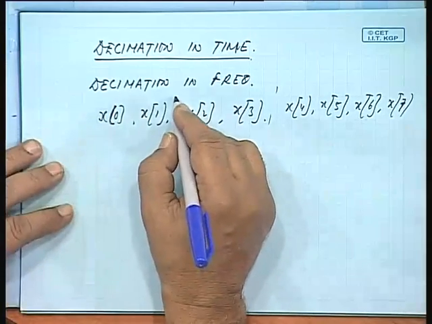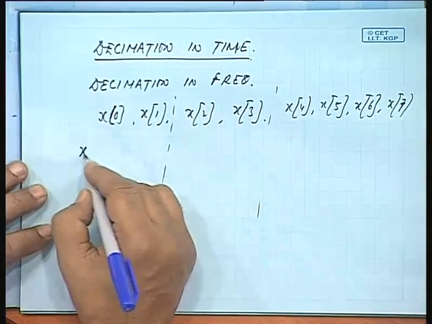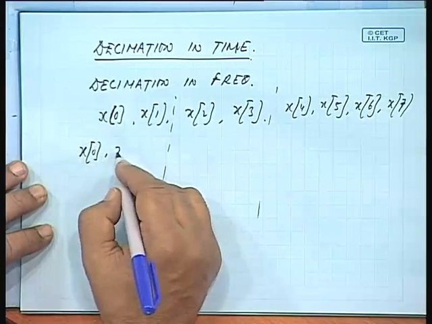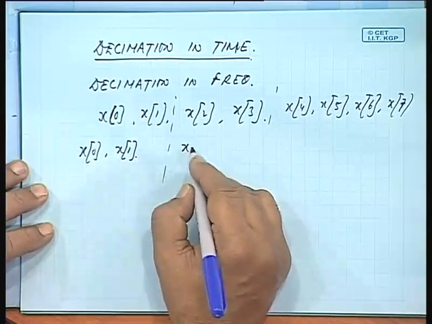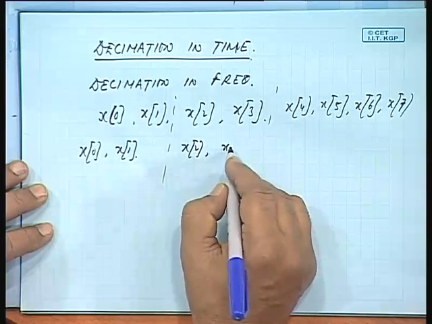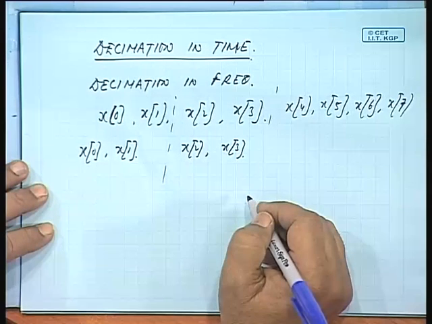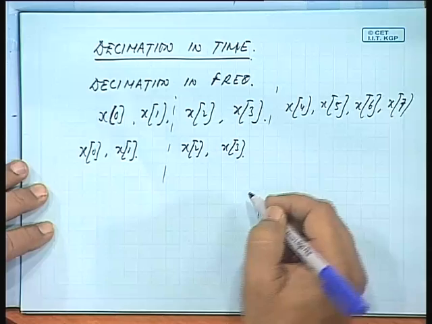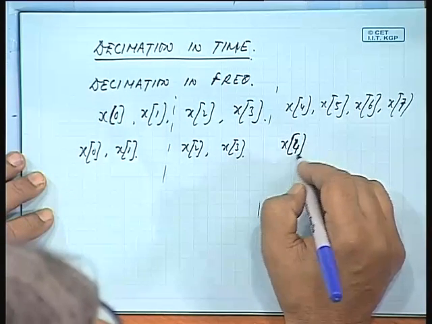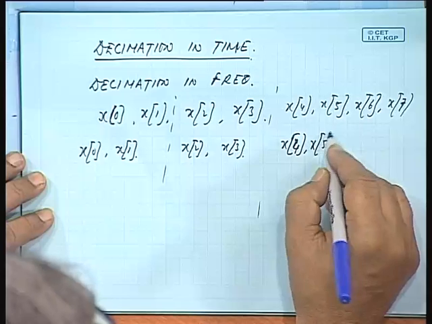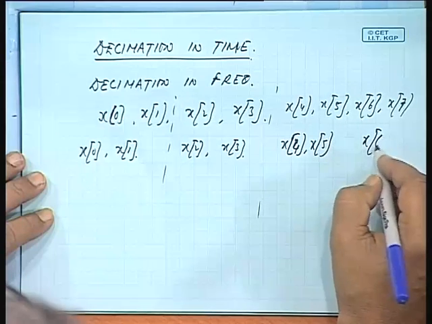Then again take x 0 and x 1 as one pair, x 2 and x 3 as the next pair. Similarly, here x 4 and x 5, and x 6 and x 7.